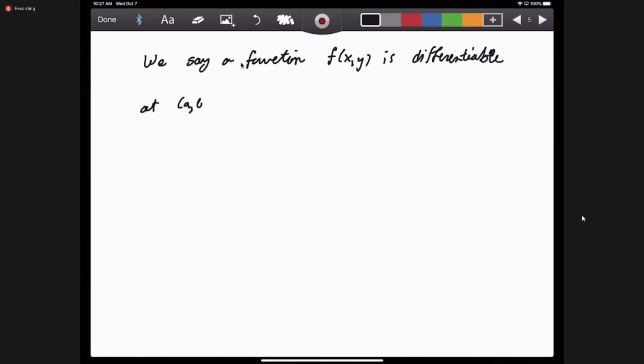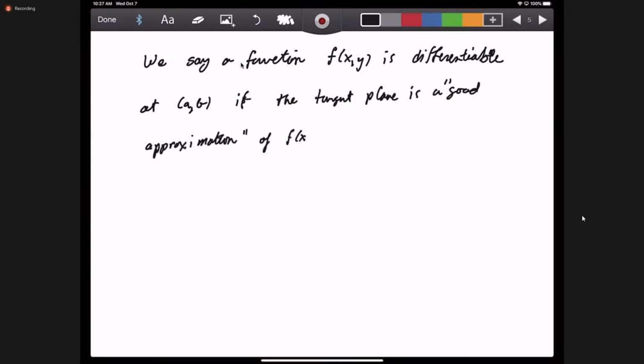at (a, b) if the tangent plane approximation, or the tangent plane, is a good approximation, for x, y sufficiently close.